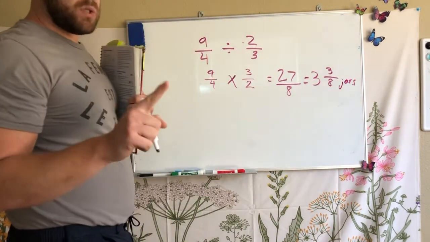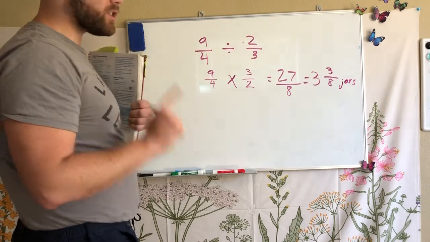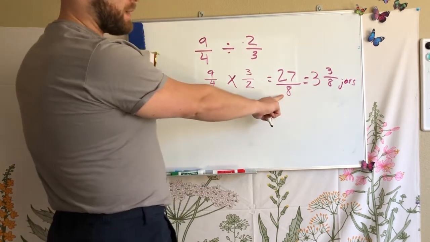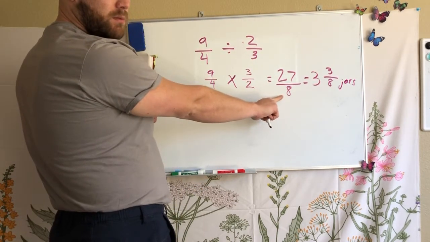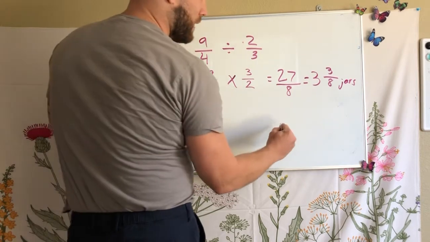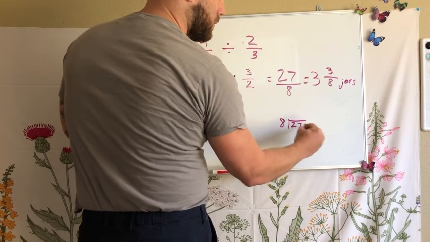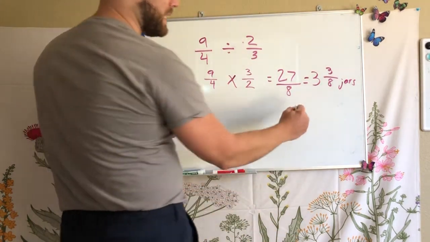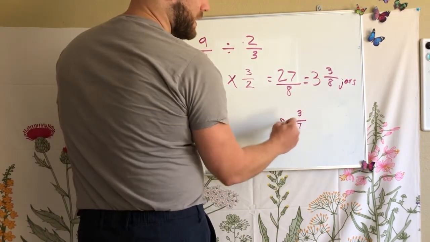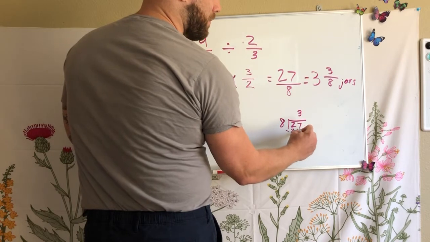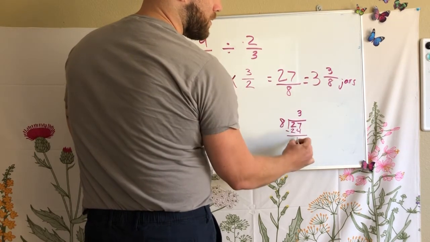If that's confusing, watch this. Here's my answer, 27/8, top heavy. So if you do it like this, 8 divided by 27, what's the answer? 3, because 8 times 3 is 24. What's left over? 3.